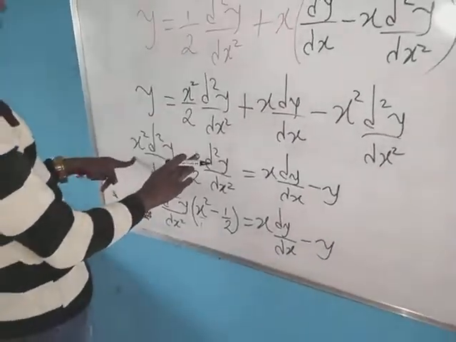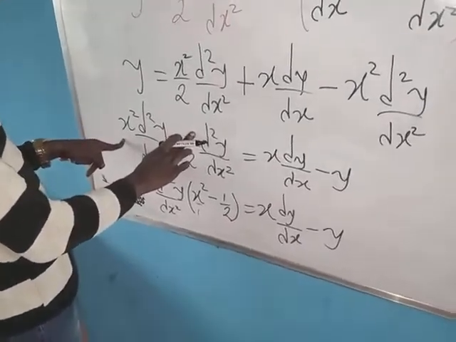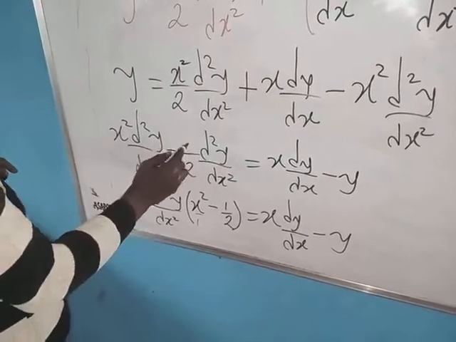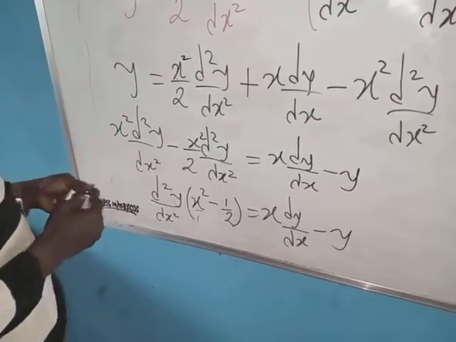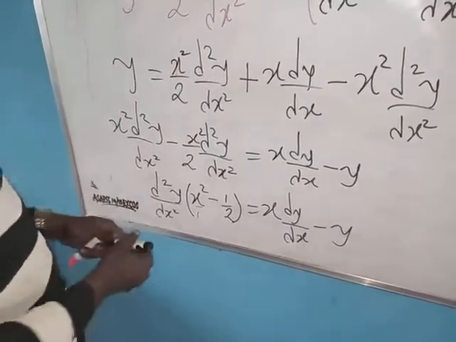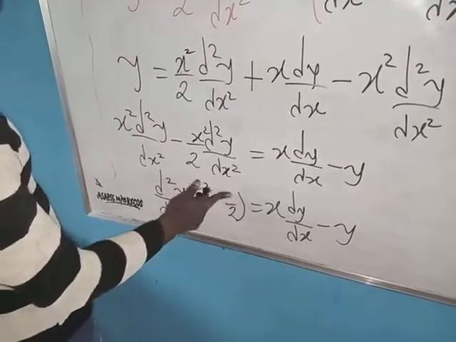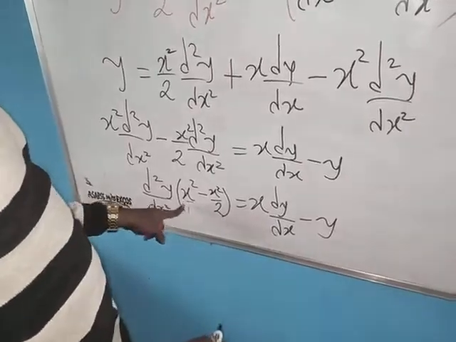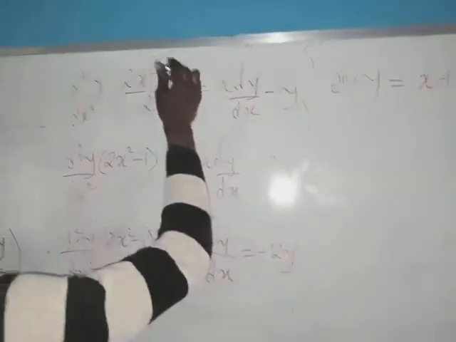And here will be also x squared. This should be x squared. So this is x squared as well. So this will give us x squared.